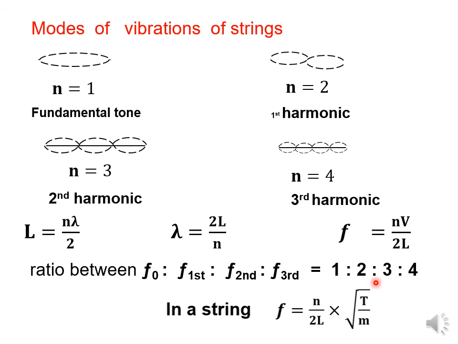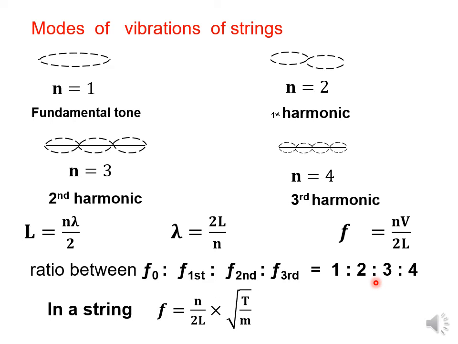To calculate the frequency in a string, F equals n, the number of segments, divided by 2L multiplied by the root of T divided by m. T is the tension of the string in Newton, and small m is the mass per unit length in kilogram per meter.